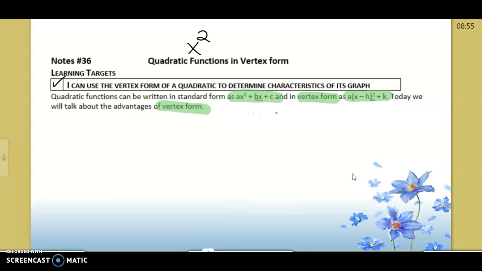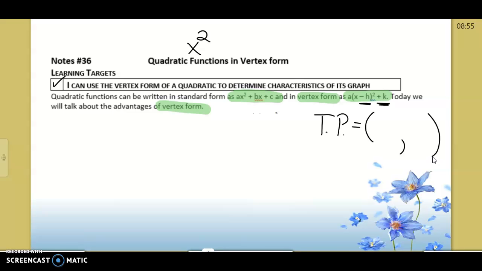So that vertex form has a heavy emphasis on this value and this value because it's the vertex or the turning point, also known as the TP. All right, and we've been seeing that a little bit so far. Now the TP is interesting because it is an x and a y value, but we do call it the h and k value because typically these equations already use a y and an x.